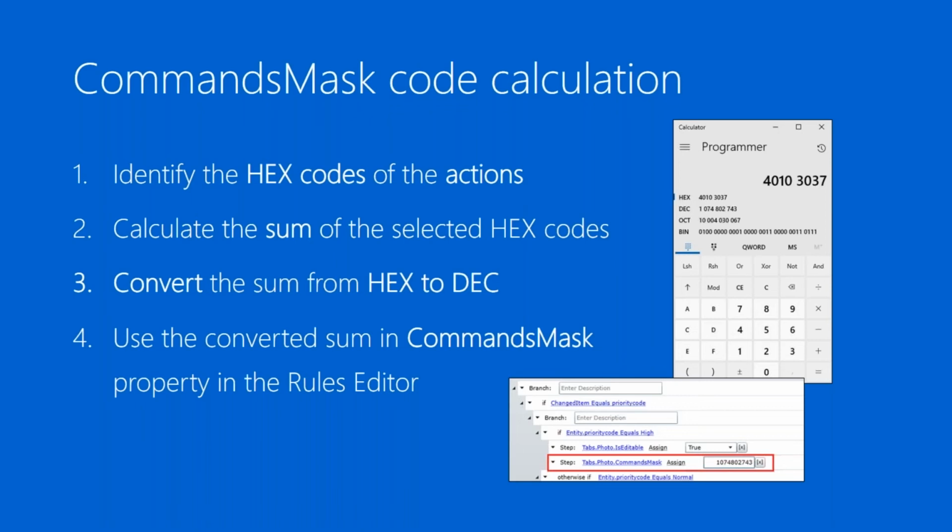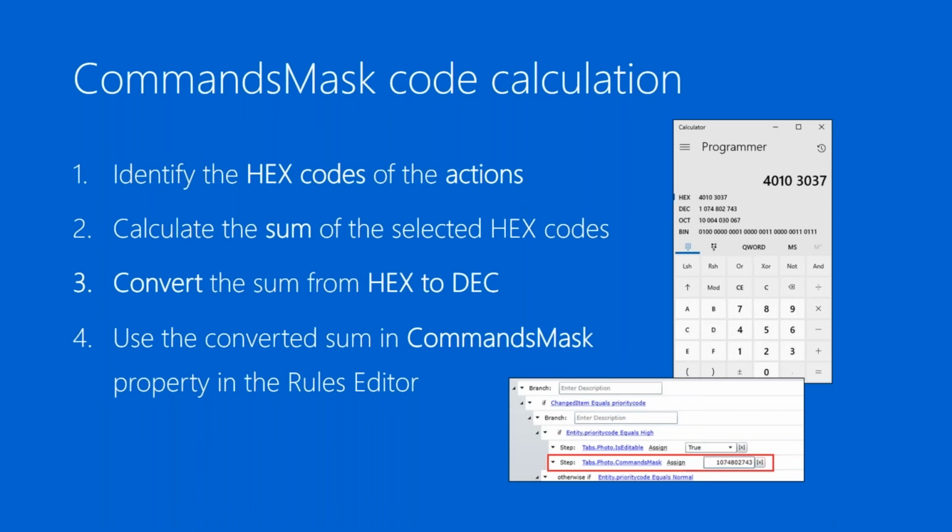In a third step, you need to convert this sum, this hexadecimal code, into decimals. And finally, you will need to use this decimal number for your commands mask property in the rules editor.